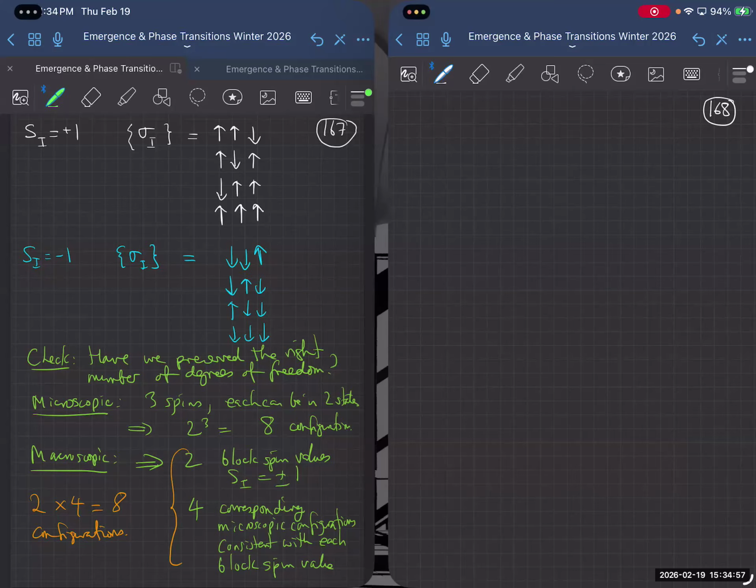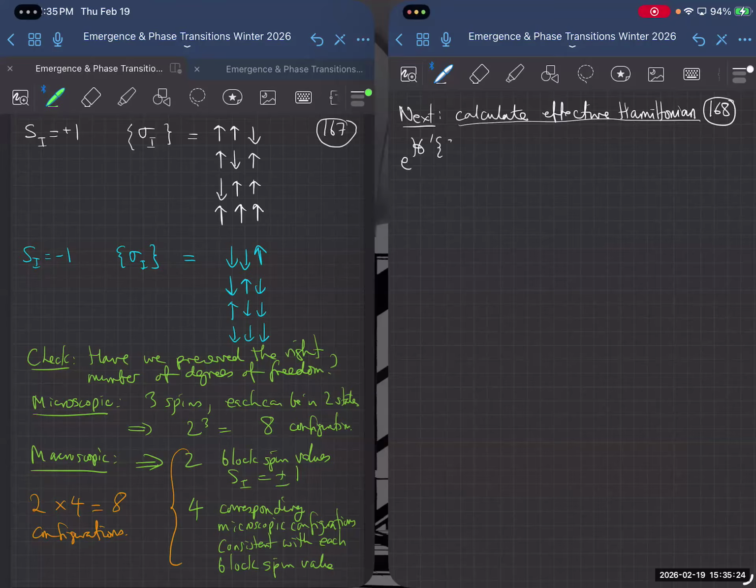And what's the next step? Well, the next step is to calculate the effective Hamiltonian. So remember how that is defined. My effective Hamiltonian is called e to the H prime.